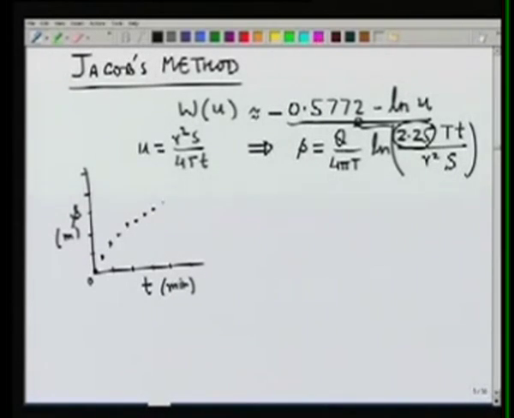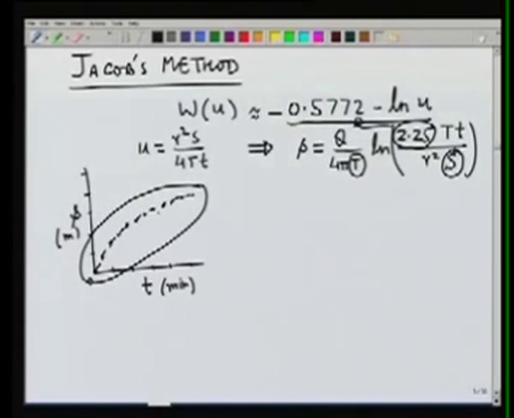The rate of increase will go down as we continue the pumping. Initially the drawdown will be increasing at a fast rate, and then it becomes almost flat. So the data available to us is this, and what we want is to estimate T and S.